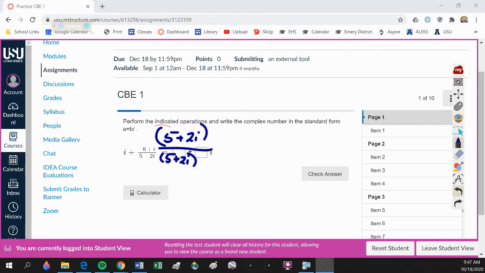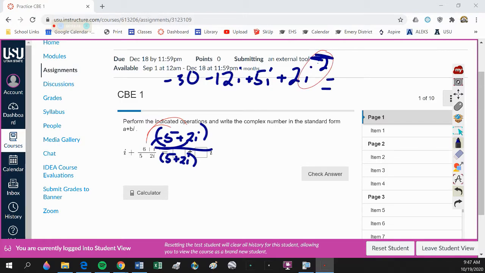So the numerator, I get -30 minus 12i, and then plus 5i, and then plus 2i squared. Okay. Well, what is i squared? -1.